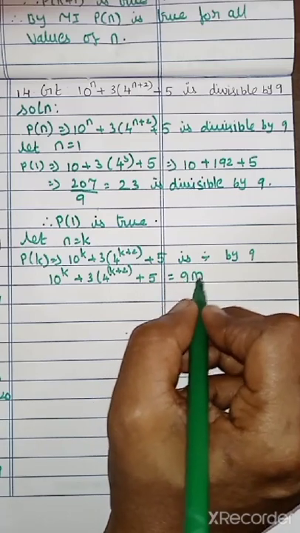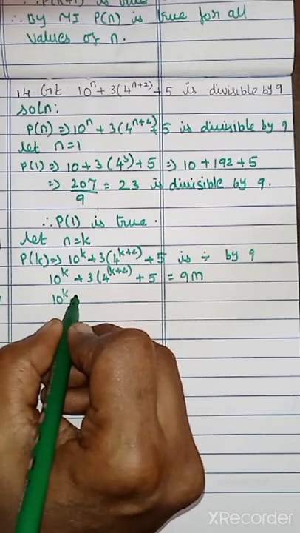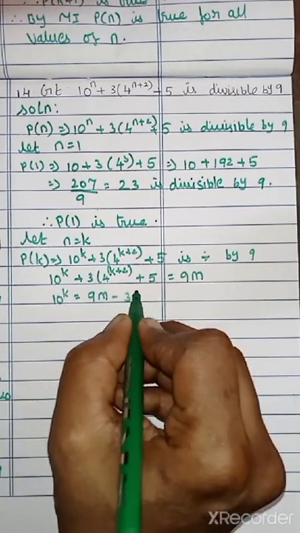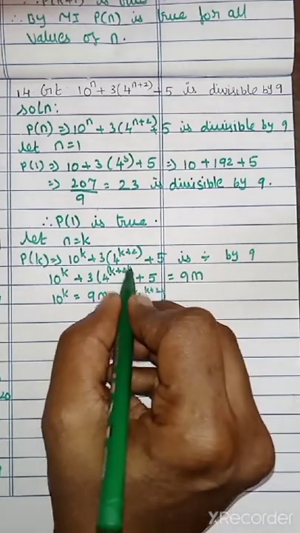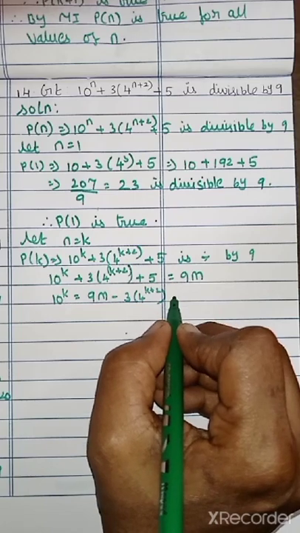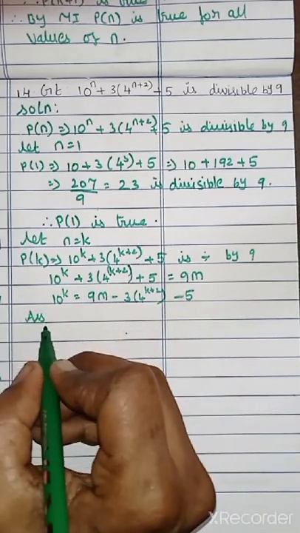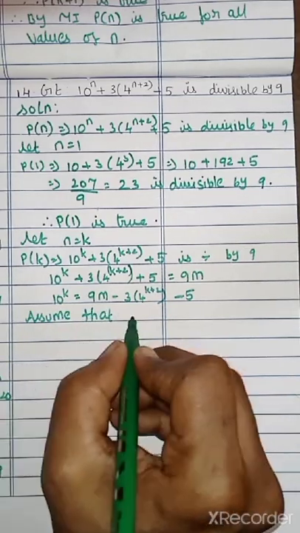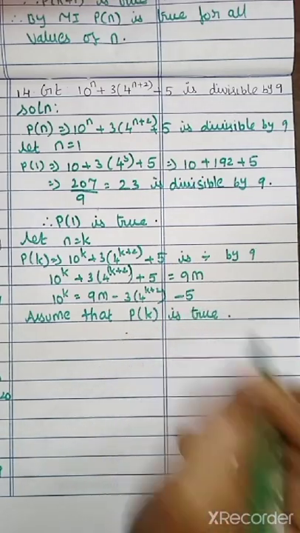And this we can write as 10 power k equal to 9m minus 3 into 4 power k plus 2 minus 5. Correct? And we are going to assume that P of k is true.